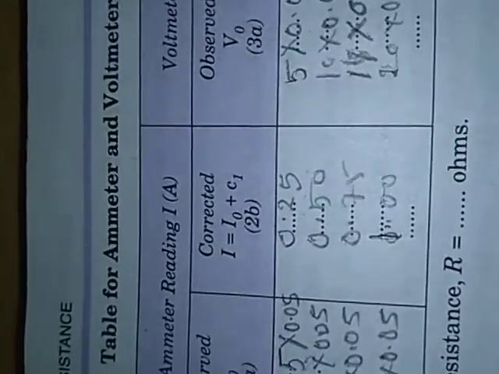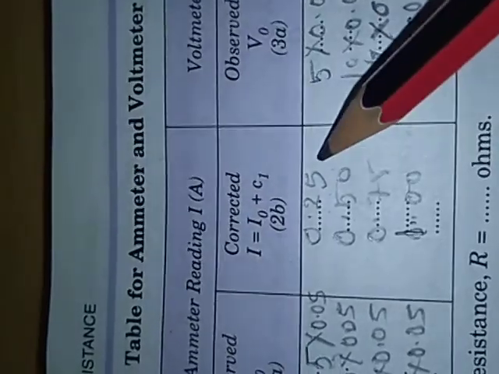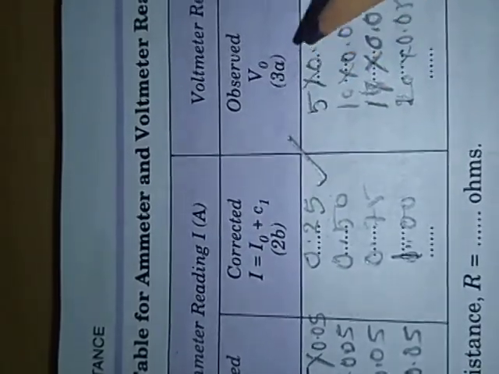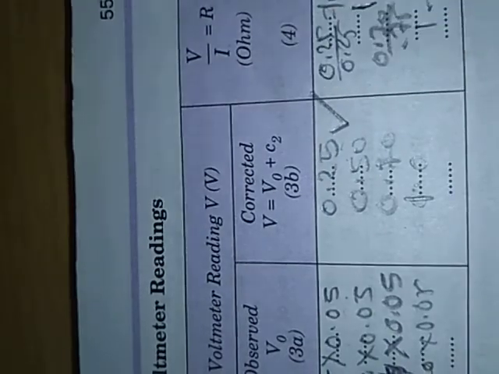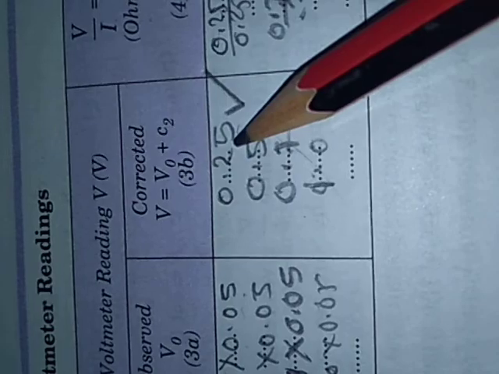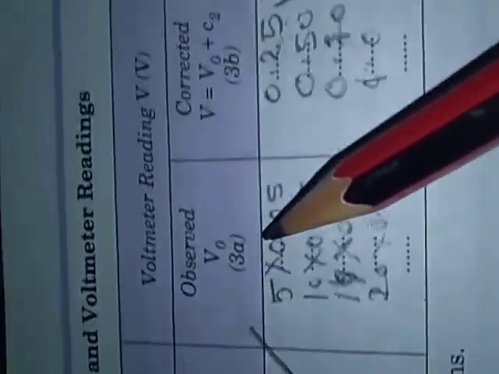Now we are having two values. One is of ammeter which is 0.25. Second one is of voltmeter, it is 0.25. Then with the help of this relation, Ohm's law, R is equal to V upon I, so we have mentioned the value of the voltage, this is 0.25, and the current again 0.25.